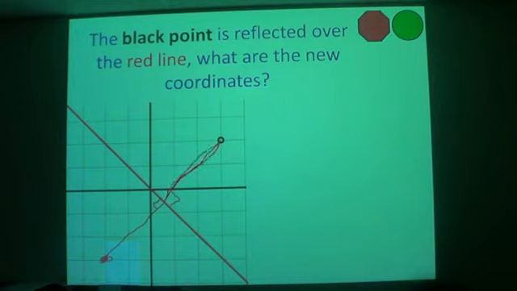So 2.5 diagonals. Distance here, half a diagonal, one full diagonal, two full diagonals. I am at -2, -3. So -2, -3 is the reflection of that.